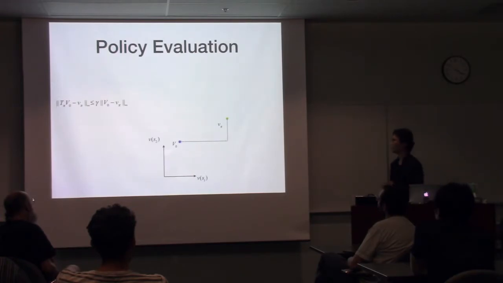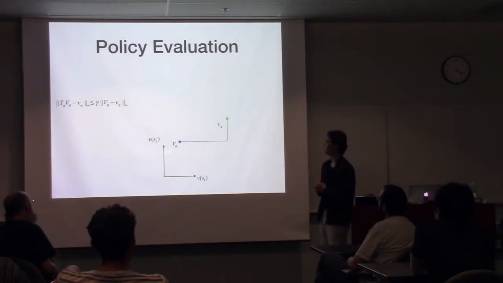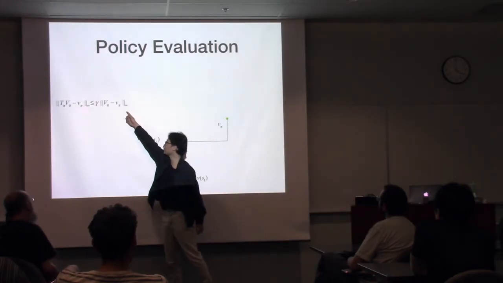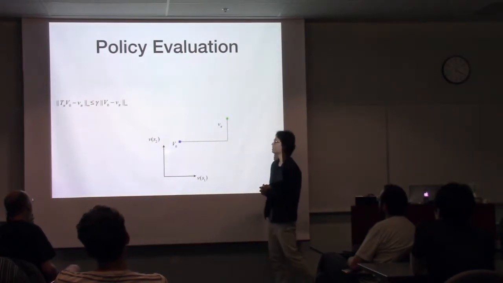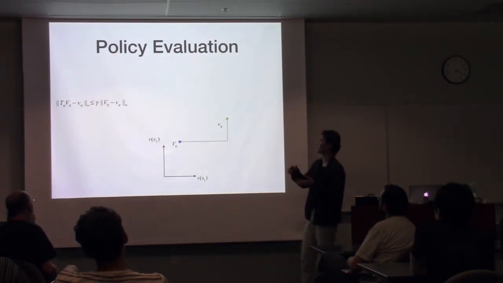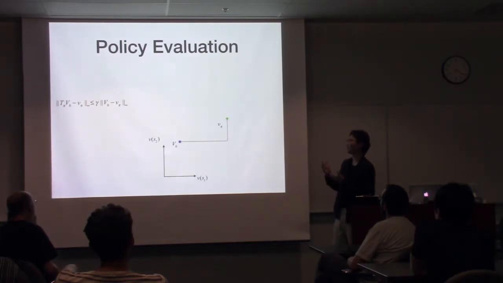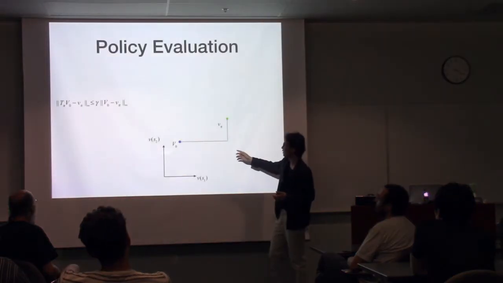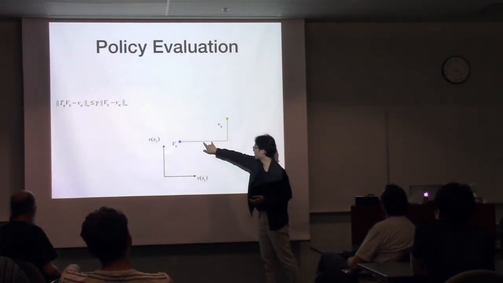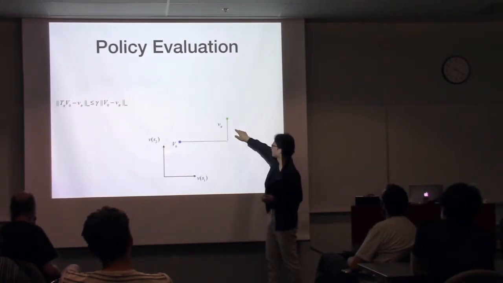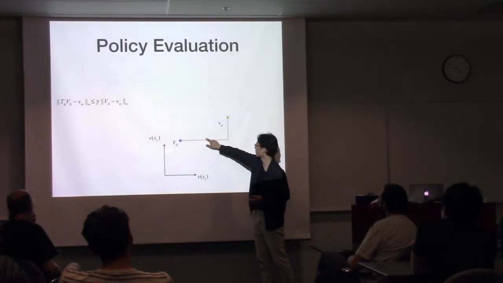We interpret V0 minus V pi under the max norm. What does this mean? The max norm is the maximum of the absolute values of the elements of the vector. In this case, it's the maximum over this line segment and this line segment, and obviously this one is longer than this one.